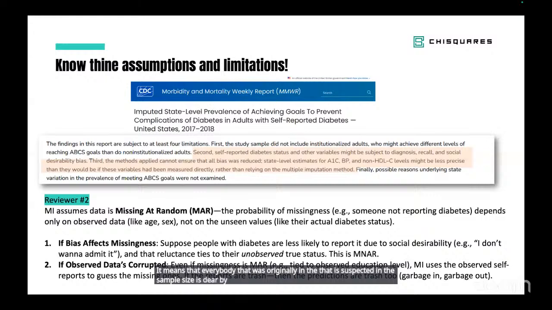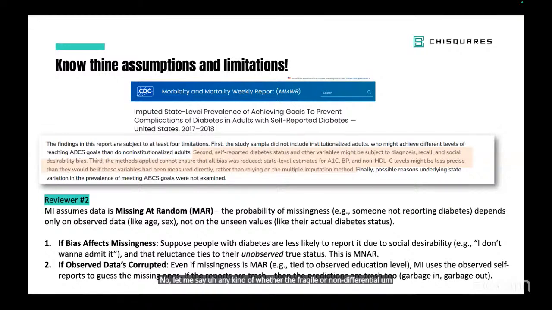But introducing multiple imputation means you probably have committed some kind of measurement bias, whether differential or non-differential.